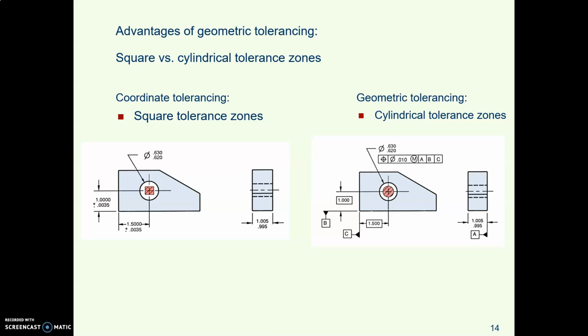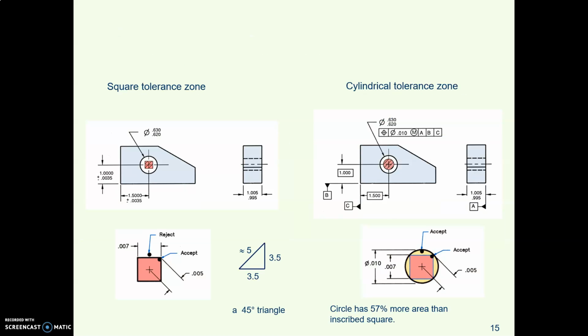You might remember from a few days ago we mentioned that one of the advantages of geometric tolerancing is that you get cylindrical tolerance zones as opposed to square tolerance zones with plus or minus tolerancing. So here's plus or minus tolerancing that gives you up and down a certain distance, side to side a certain distance, and that gives you a plain old square zone.